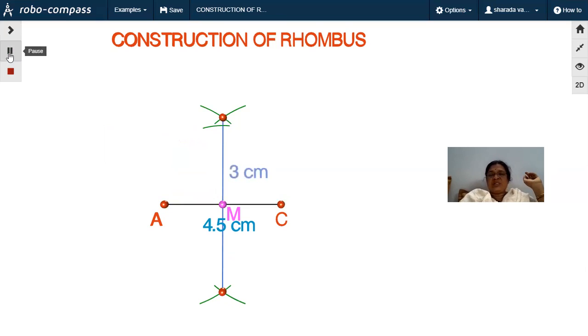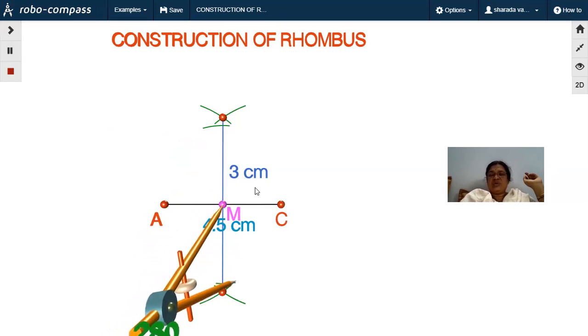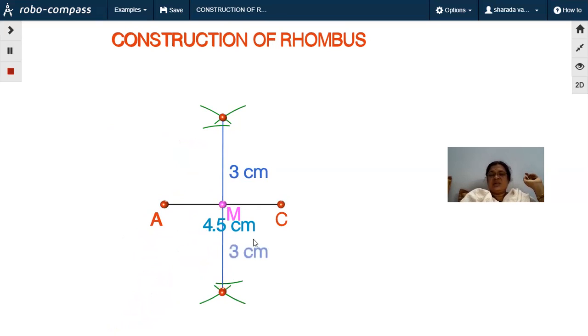Now with the compass, take a 3 centimeters radius, draw an arc like this, and with the same radius, draw one more 3 centimeters distance, locating a point on this blue color perpendicular bisector. Now you got the B point and the D point.